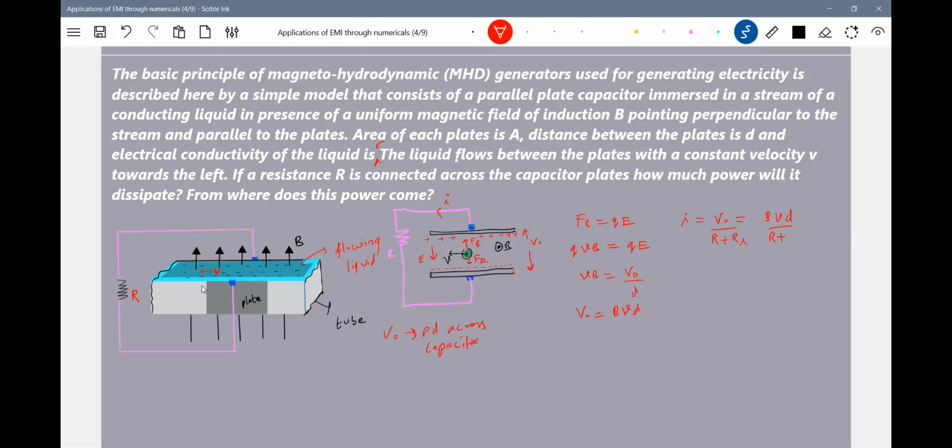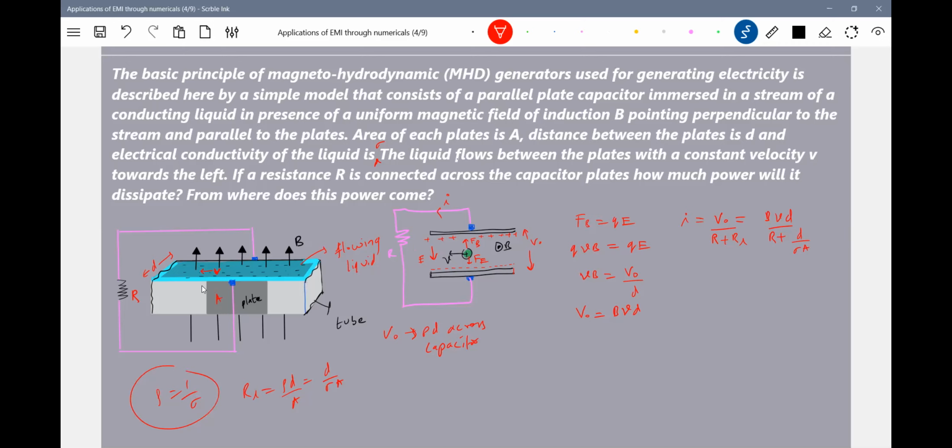The area of each plate is A. The distance between the plates is D. This is D, and this is area A. From where do we know the resistance of the liquid? It should be equal to rho L by area, so here it becomes rho D by A. This becomes D by sigma A, because we know rho equals 1 by sigma.